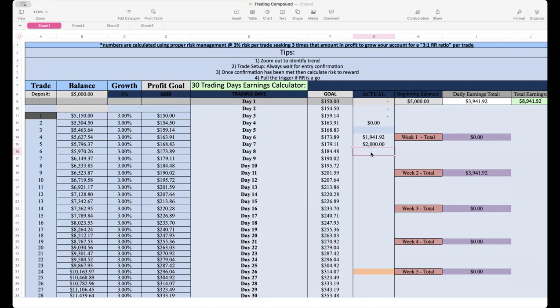And then you don't make anything for the rest of the days. So you just made $2,000 for the week. Now we're at $3,941 that you made.